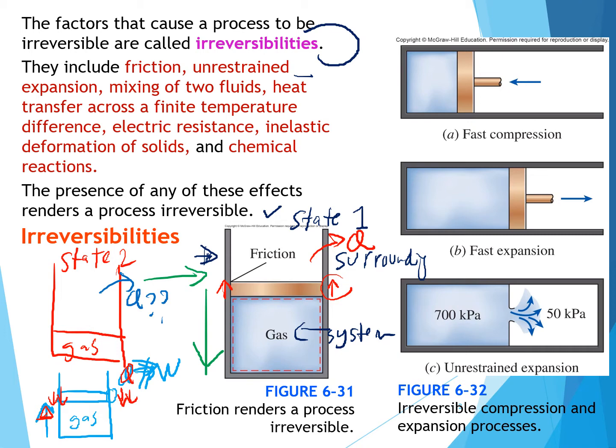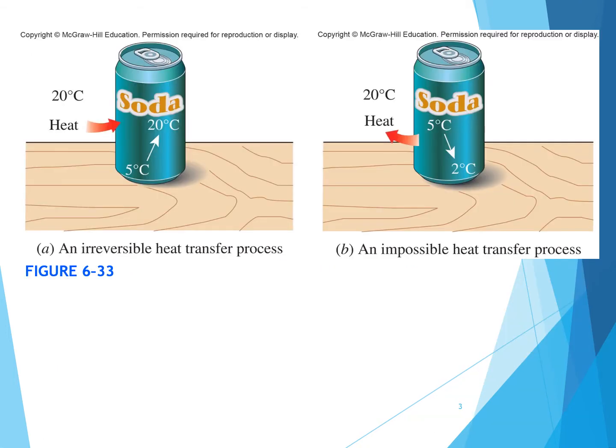Another example of an irreversible process is fast compression and expansion, as well as unrestrained expansion. Another example of irreversibility is heat transfer through a finite temperature difference, as you can see in figure 6.33a. We know that heat is transferred from the warmer room air to the cold soda.